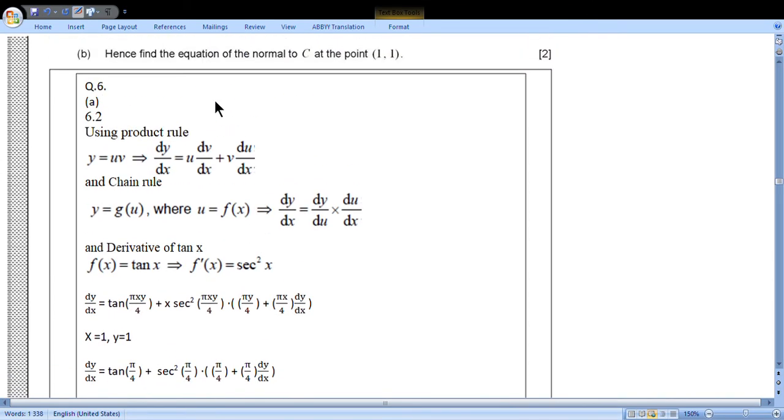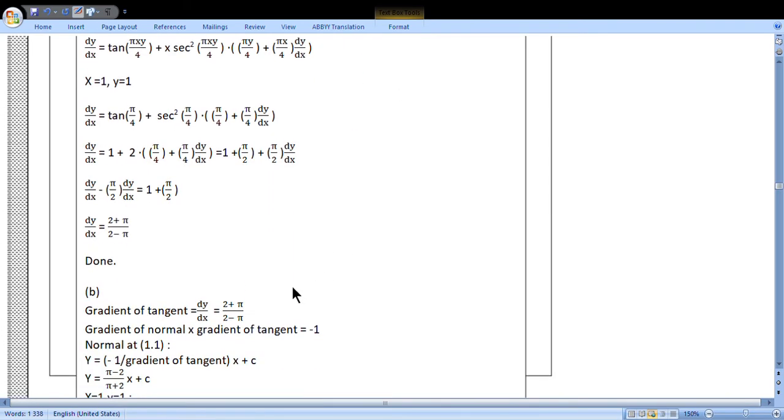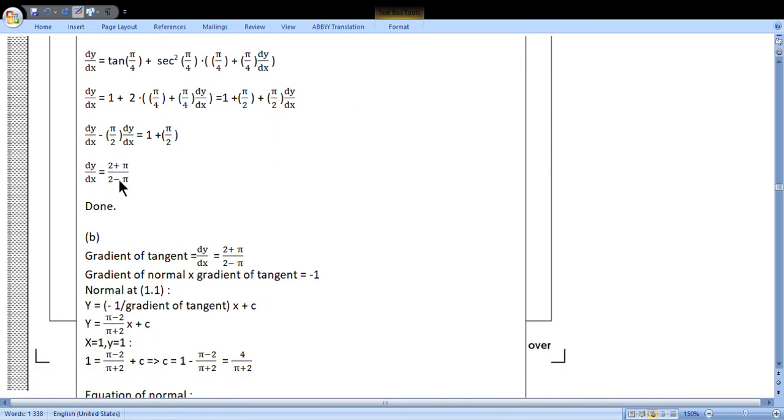Then the question: hence find the equation of the normal to C at point (1, 1). The gradient of the tangent we found, it is dy by dx. The gradient of the normal times the gradient of the tangent is minus 1. So the normal at (1, 1): the general formula for the normal gradient is minus 1 over the gradient of the tangent.